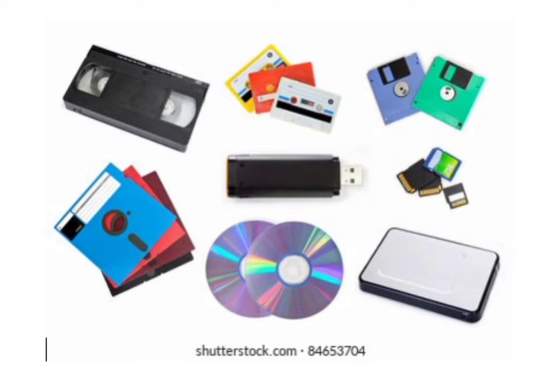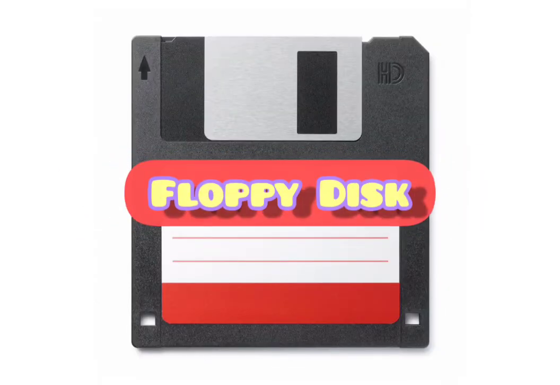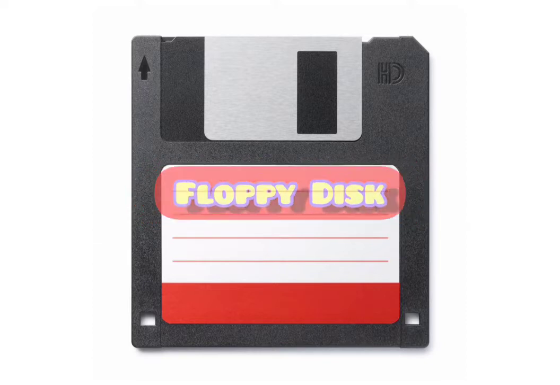Now we will go on discussing the various types of secondary memories. First, we will talk about floppy disk. A floppy disk is a data storage medium that is composed of a disk of thin magnetic storage medium encased in a square or rectangular plastic shell.